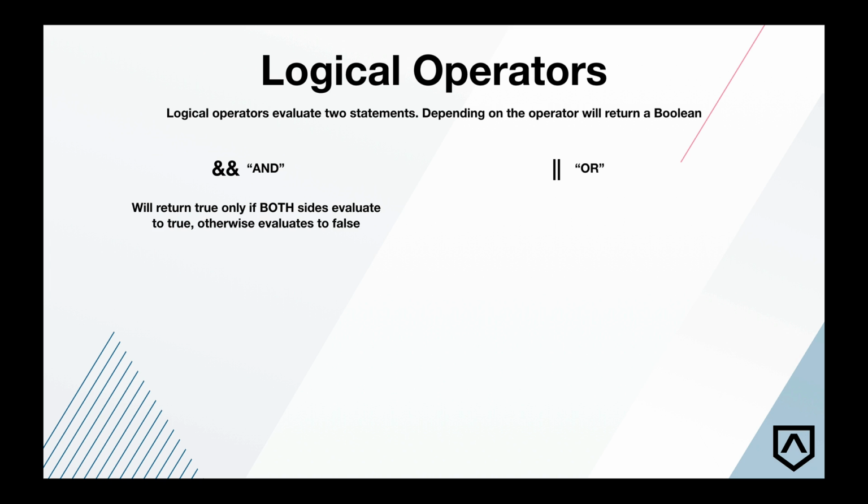So press shift and that key and you'll get one, press it 2 times and you'll get both of them. The OR is just like the AND, except the OR will return true if either side is true. Only one side needs to be true with an OR. So if one side is true, it'll be true. If both sides are true, it'll still be true. If both sides are false, then the OR will be false.